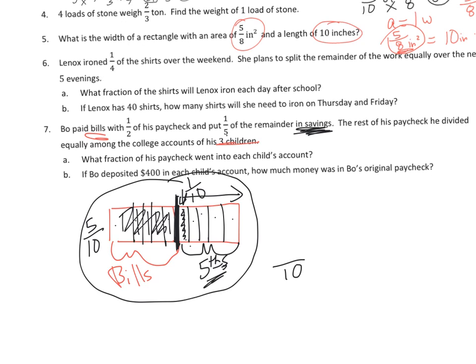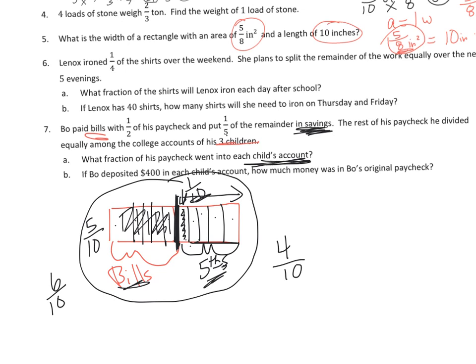So it looks like my bills and my savings for Bo were 6/10 because I add them together, leaving 4/10 to the 3 children's accounts.